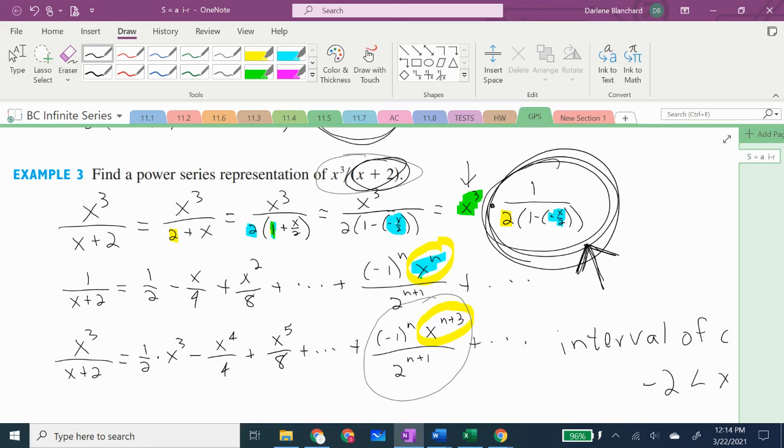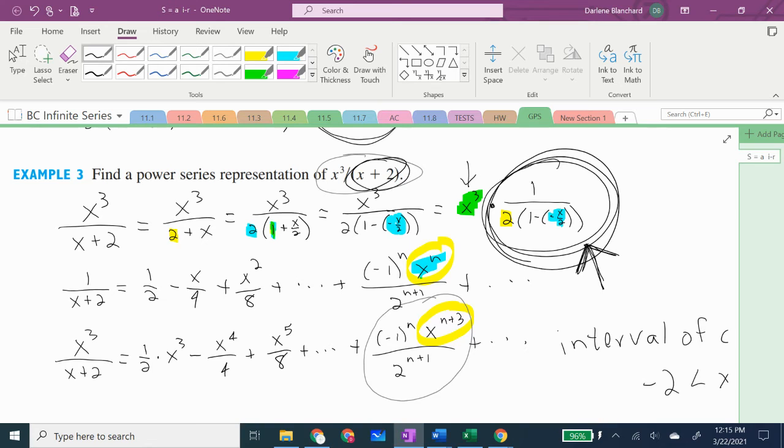And some of you are going to see it, some of you aren't, and that's fine. But you want to think about if the only thing you're changing on these terms is that you're multiplying by another x cubed. Let's see.